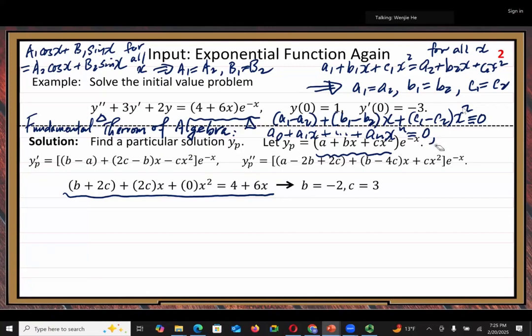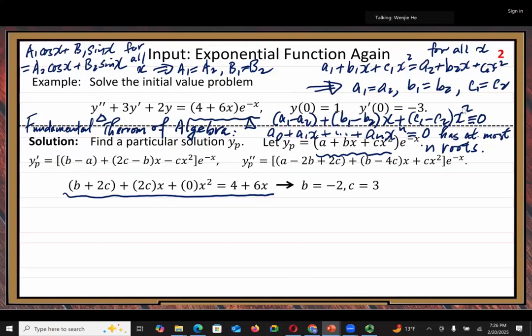This equation has at most n roots. The roots could be complex roots, but at most n roots. So for any degree n polynomial, if that polynomial equals 0, you can find at most n roots. That's the theorem.